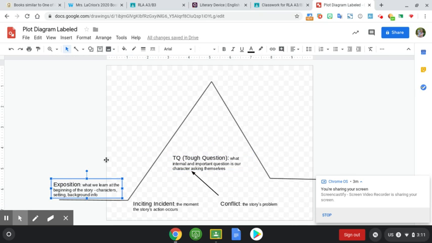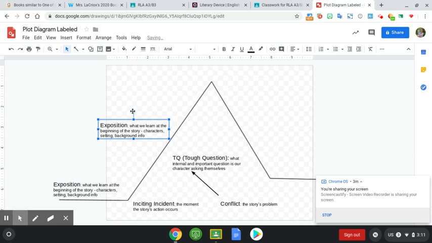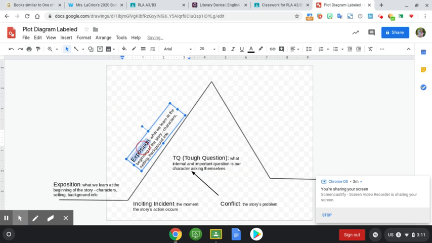All right, so next we move over to the side of our story mountain, as you might have heard it called before, and this is our rising action.